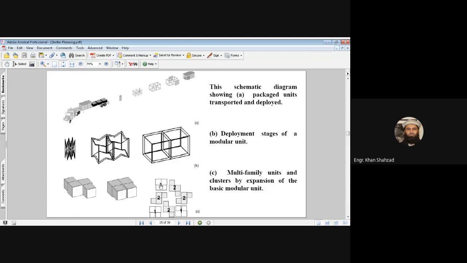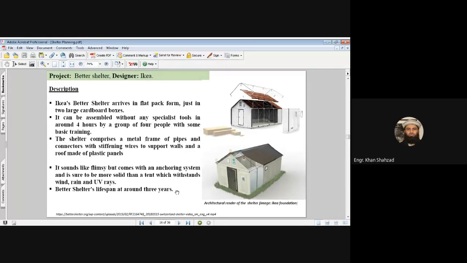You can make a community from these prefabricated shelters. You can make a complete evacuation center which has hundreds of shelters, like 200 or 500 shelters in one camp or in one area. This is the project. The name was Better Shelter, and these are the designers who are working on the architectural side. They may know about these things.